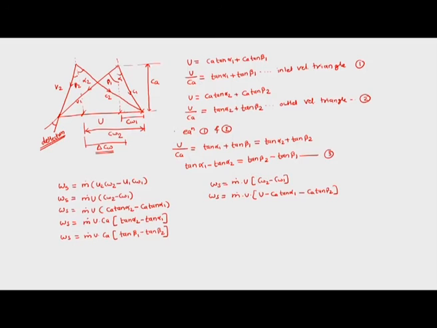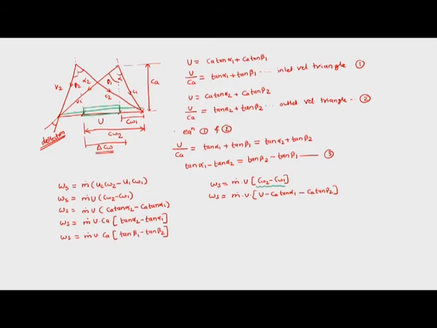So basically what we are trying to write is this big length from here to here is U, and then we need to calculate this small length, and this small length is delta CW, which is CW2 minus CW1.